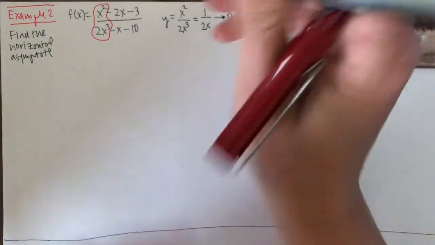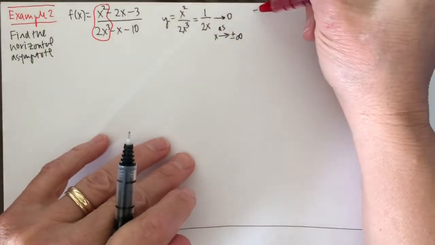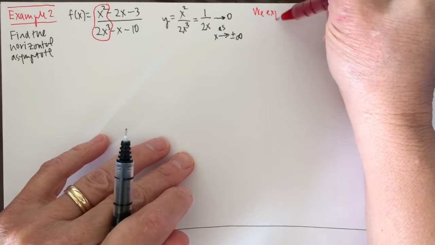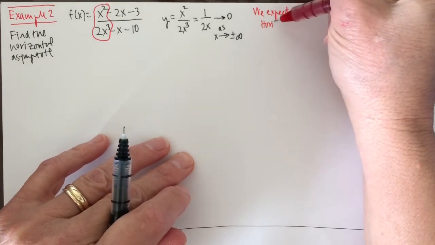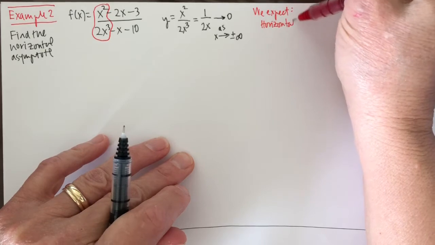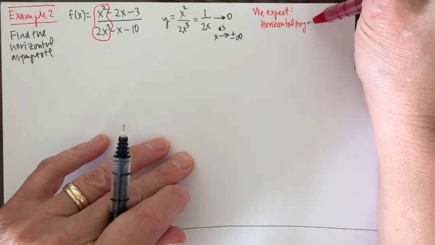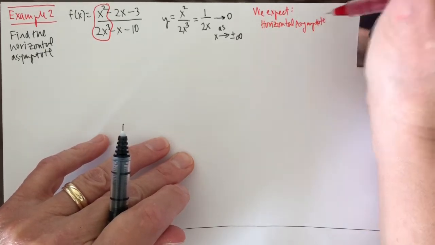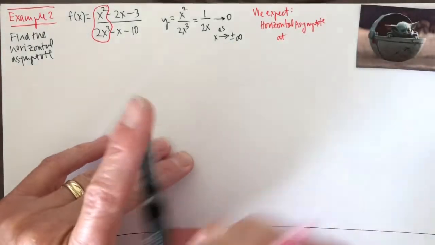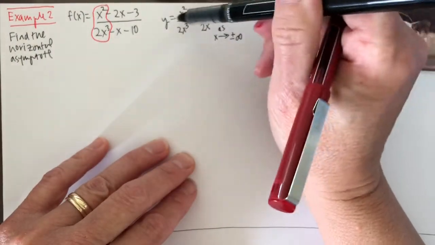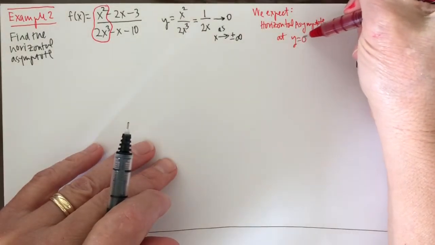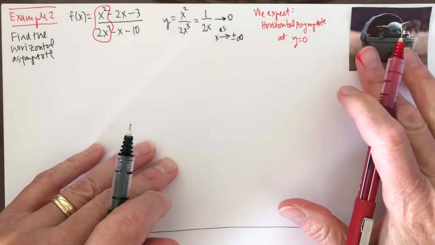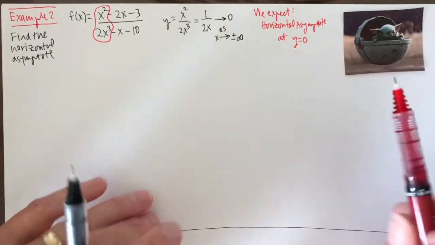And so we expect a horizontal asymptote at y equals 0, because that's what the leading terms are behaving like.